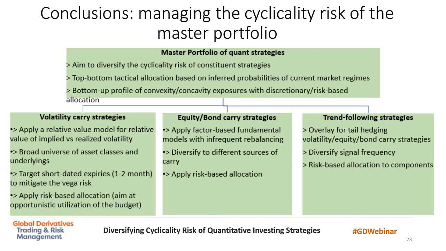The second step is to build an allocator for the same strategy classes, like carry or CTA type of strategies. And the final step is to have a portfolio of strategies that either builds a static allocation or does some regime forecasting and tactical allocation, and also does some tail hedging. Thank you very much.